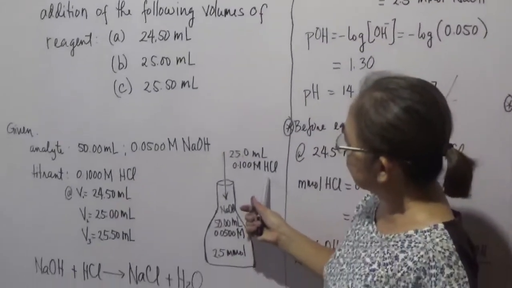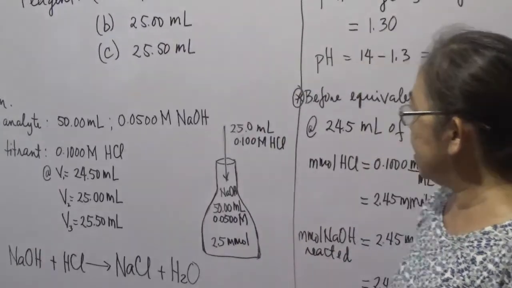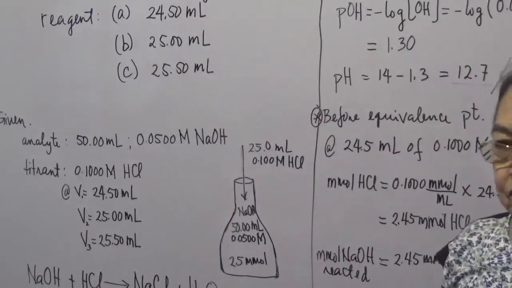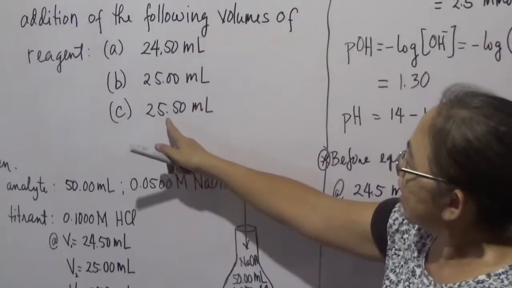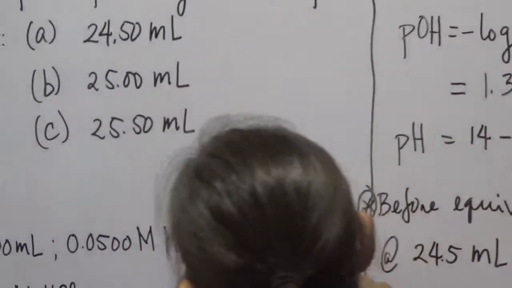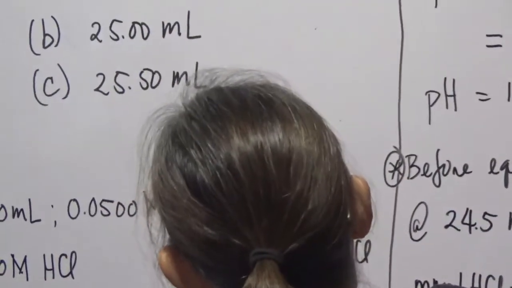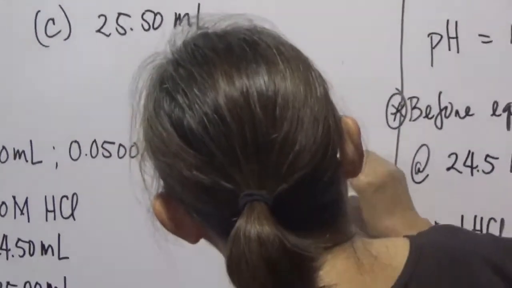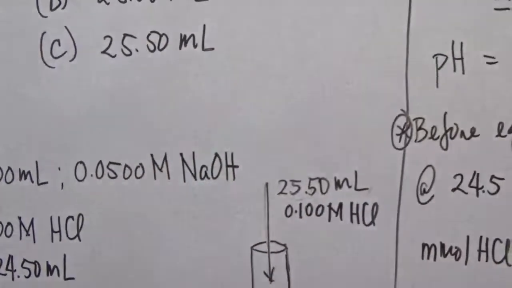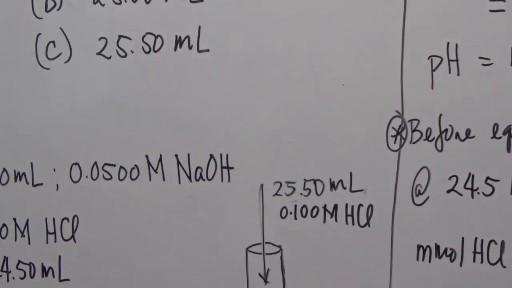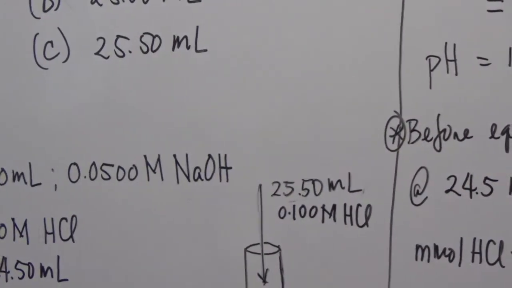So, if the titration of hydrochloric acid into the sodium hydroxide continues, like addition of 25.5 ml, it is already beyond equivalence point. Okay, beyond equivalence point.